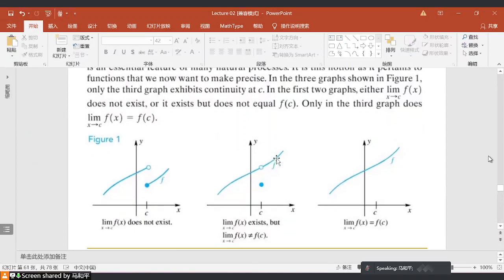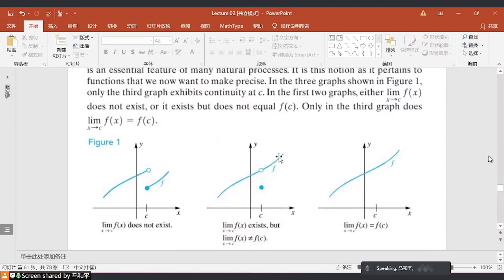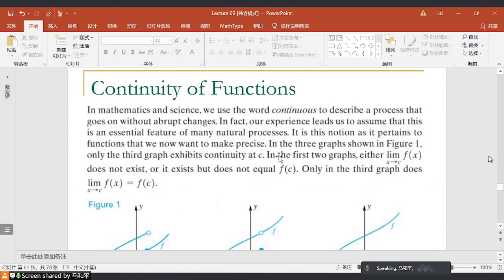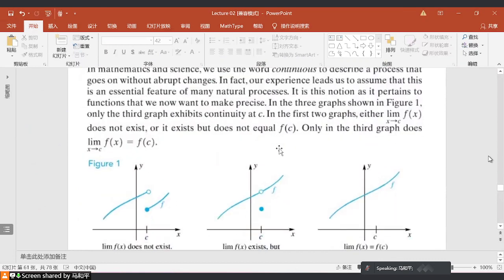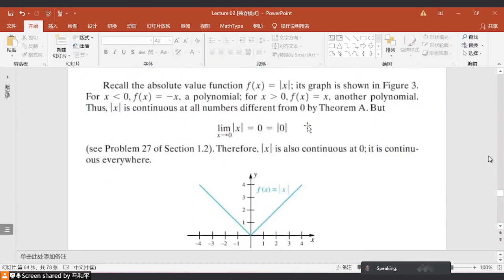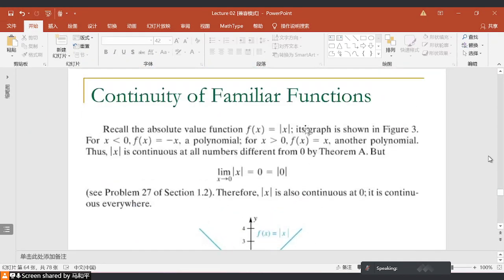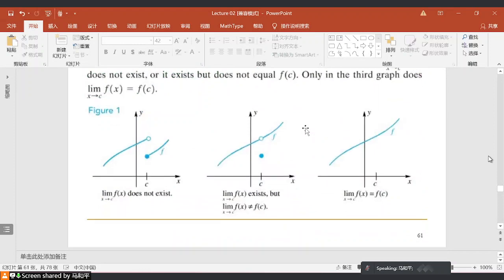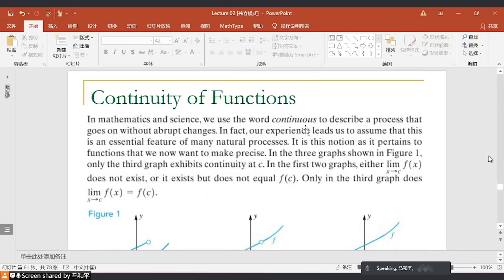Now, because we will learn many definitions, we will learn the continuity of functions. In mathematics and science, we use the word continuous to describe a process that goes on without abrupt changes.